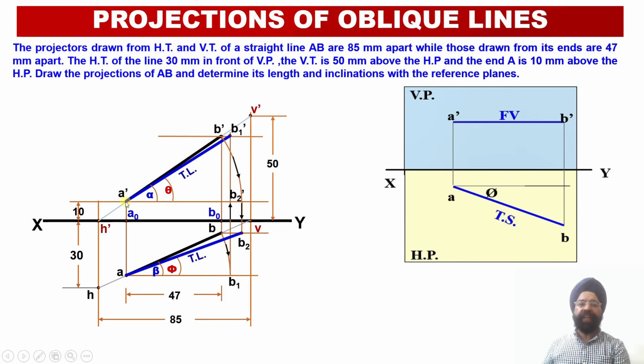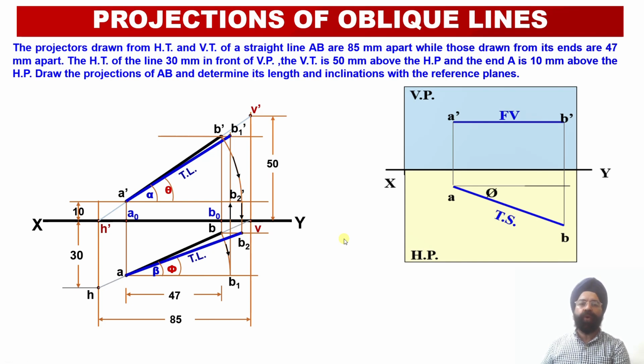We need to validate another thing over here: the true length of the line in elevation, A dash B1 dash, should be equal to the true length of the line in plan, that is AB2. If A dash B1 dash equals AB2, it means that the construction we have made till now has been drawn appropriately.